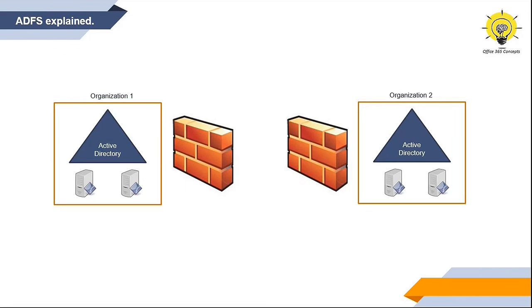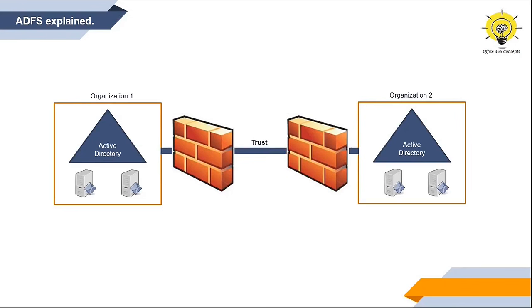Let's assume we have two organizations, Organization 1 and Organization 2. Organization 1 wants to access an application that is hosted in Organization 2. Now, to achieve this, both organizations need to create a trust so that they can share their resources with each other.